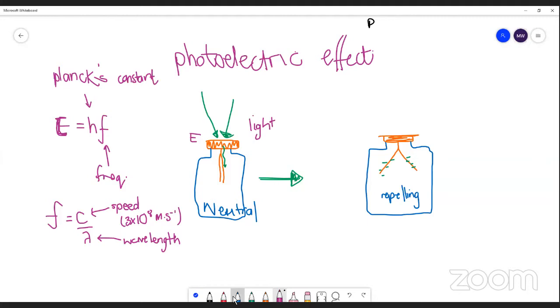Okay, but at the same time, what they also realized is not every light can cause these electrons to move. So what that meant is there is a minimum amount of energy needed. And they ended up calling that the work function.